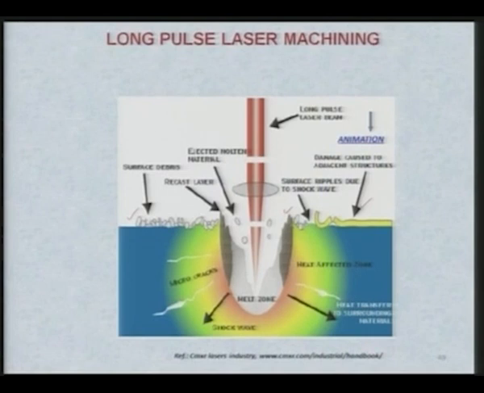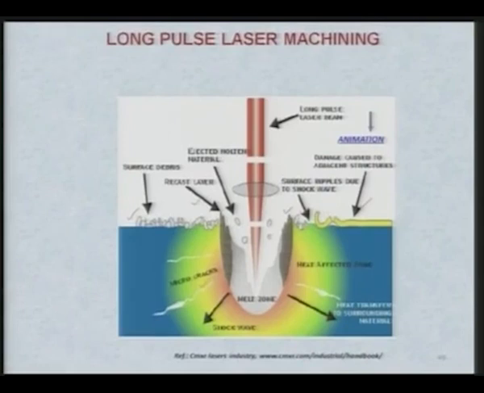Surface ripples due to the shock wave can be seen over here, and recast layer, which is the undesirable characteristic or property of all thermal machining processes. So, here also you get what is known as recast layer, which is clearly seen.